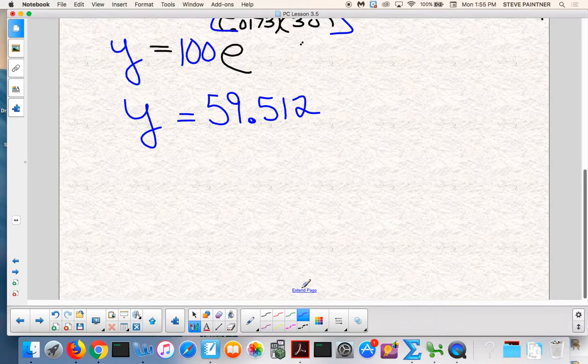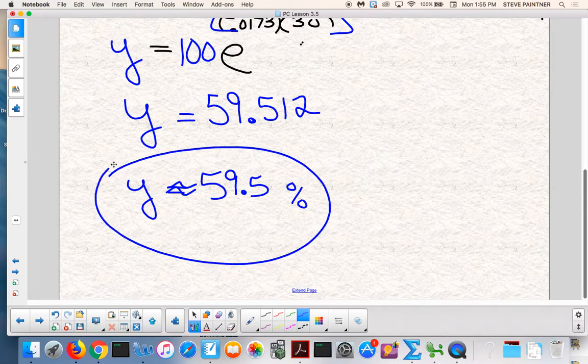Okay, you started with 100, and over 30 years you're down to 59. Let's say 100 pounds. You're down to 59.512. What percent is that? Well, I won't say exactly. I'll just say about 59.5 percent is left.